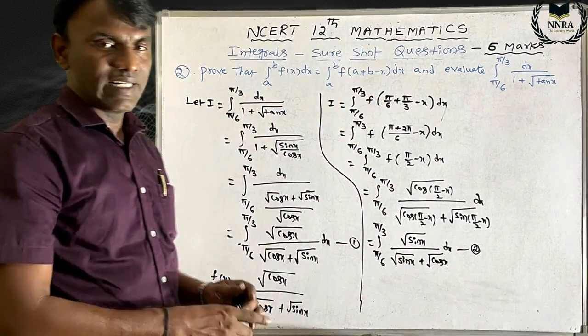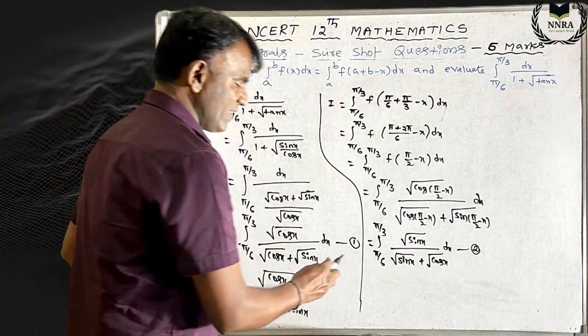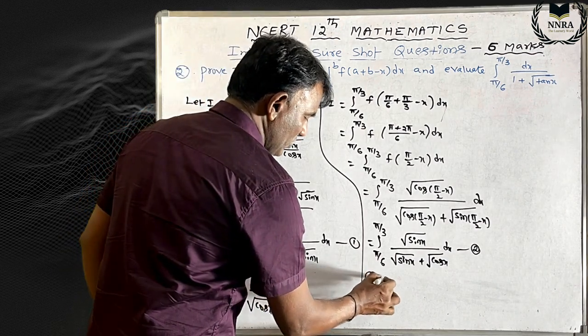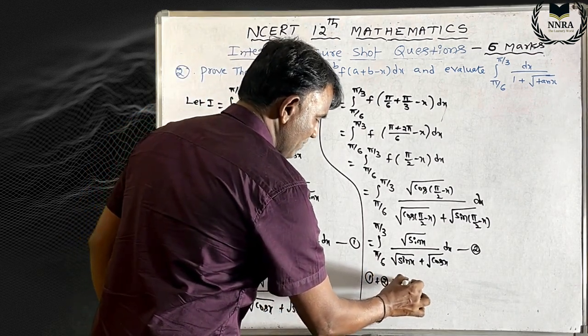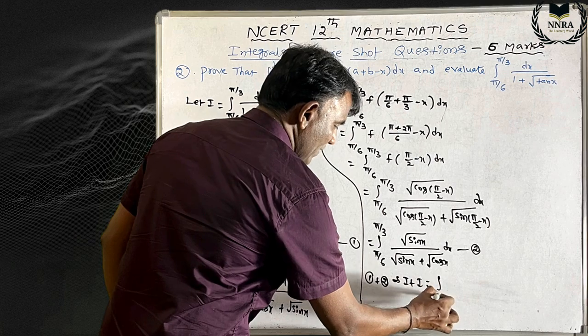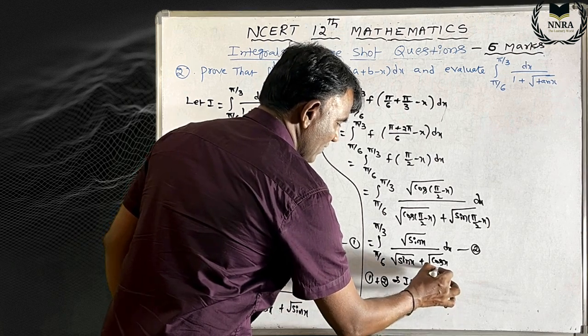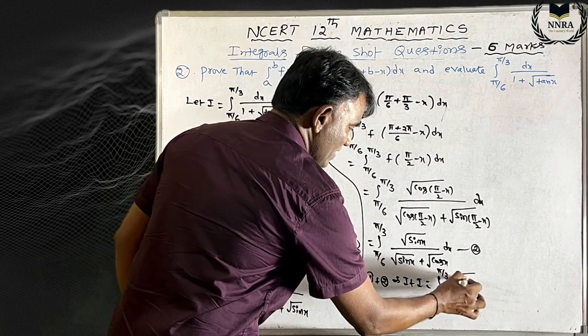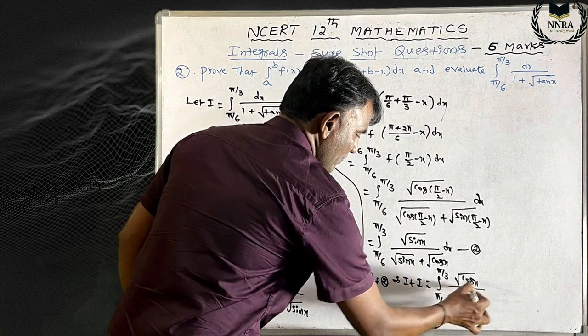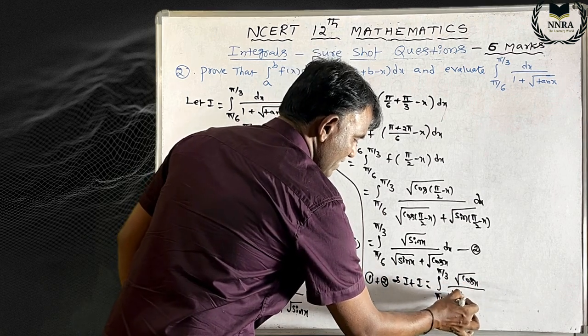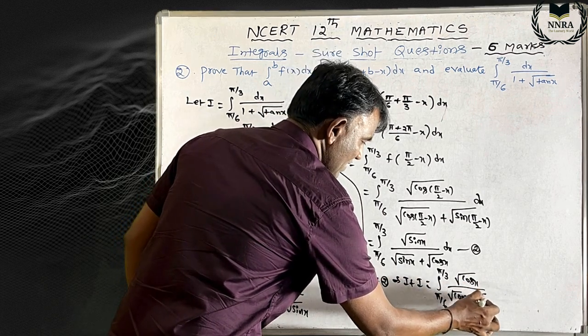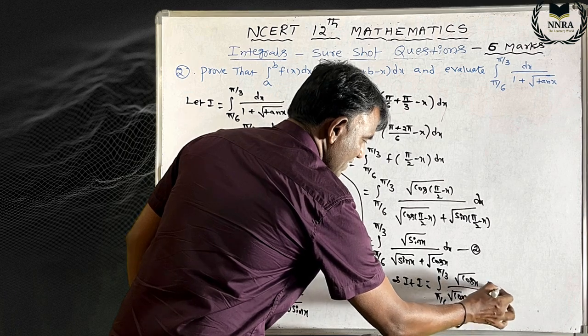Okay, now this is second equation, right? So after that, just add equations 1 and 2. So how to write this? I plus I, na? And pi by 6 to pi by 3 root of cos x divided by root of cos x plus root of sin x into dx. Again pi by 6 to pi by 3.